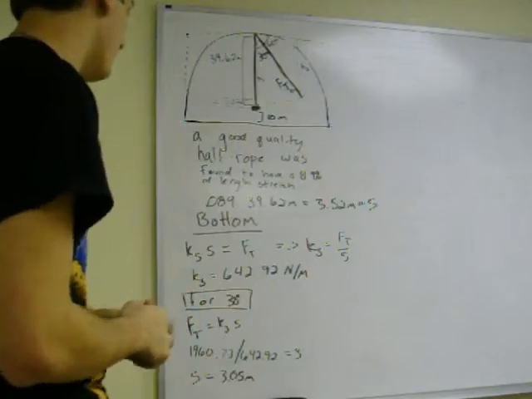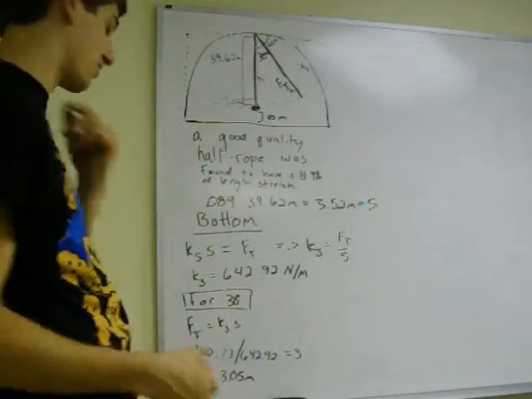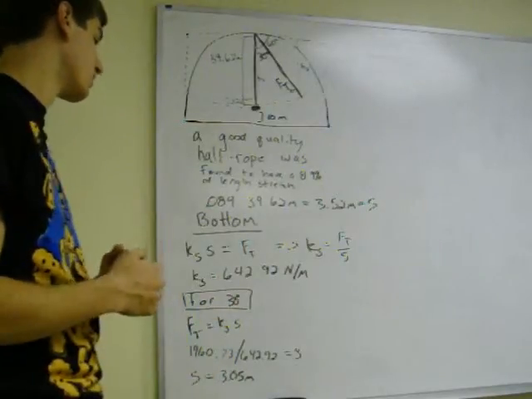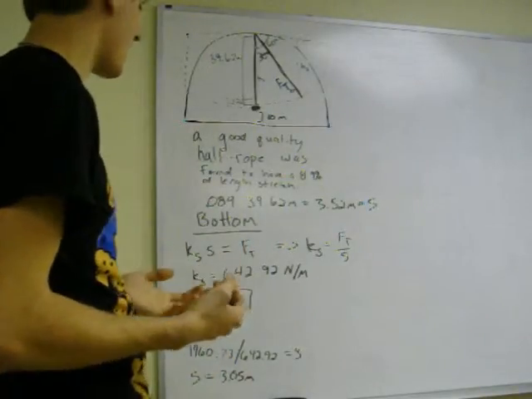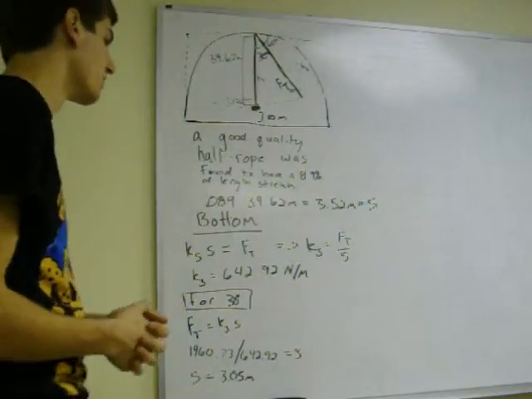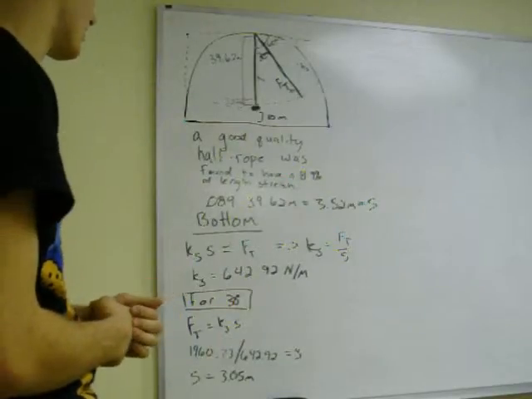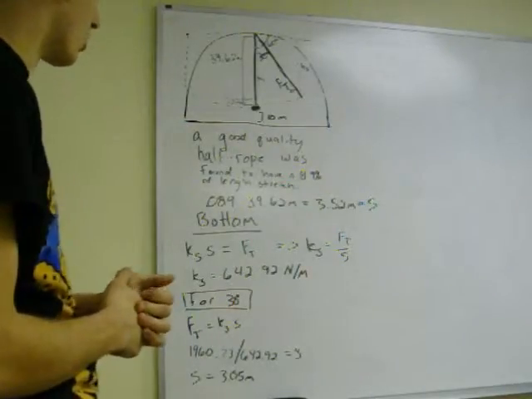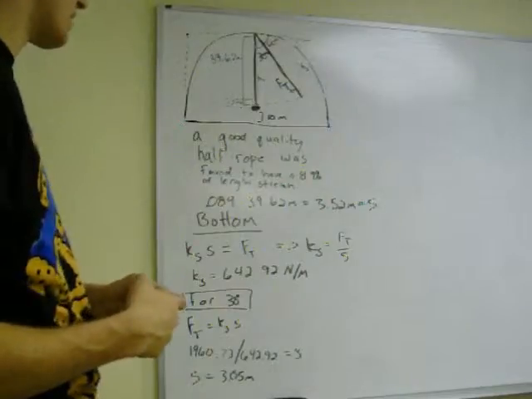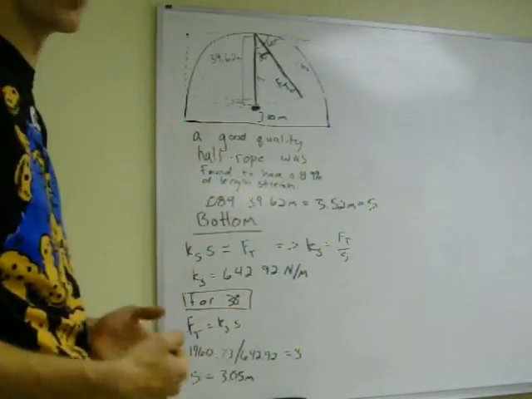Alright, so now I needed to solve for the Ks, so I could actually do it for 30 degrees. So Ks times S equals the force, and it's actually the tension force. So solve for Ks, it's Ks equals tension force over the S. So the Ks value equals 642.92 newtons per meter.